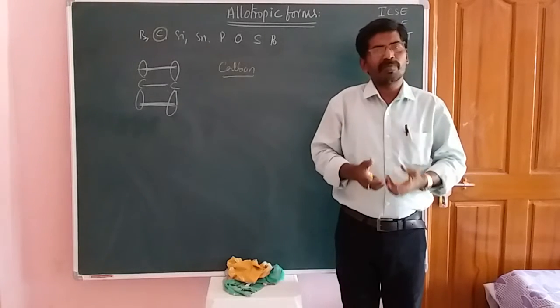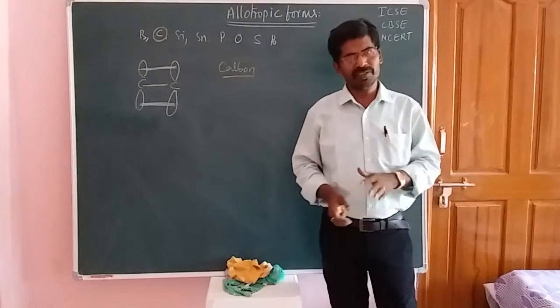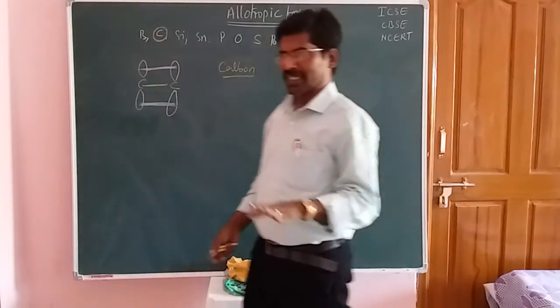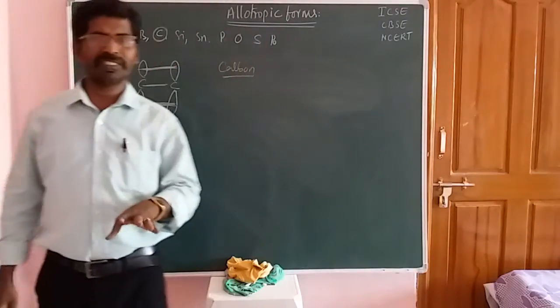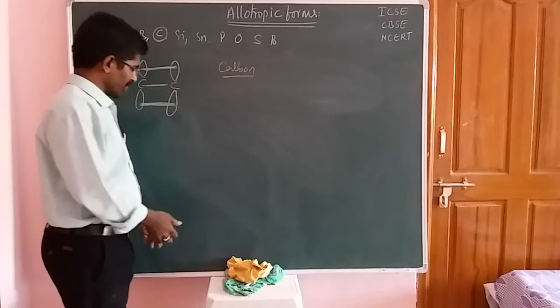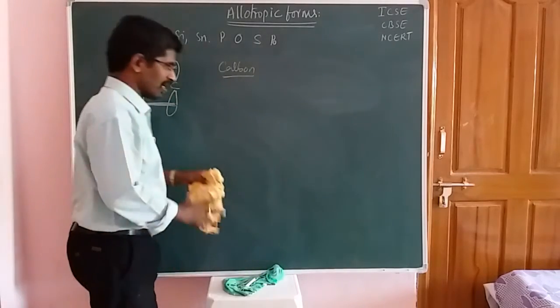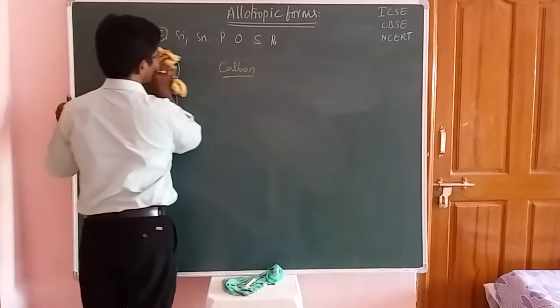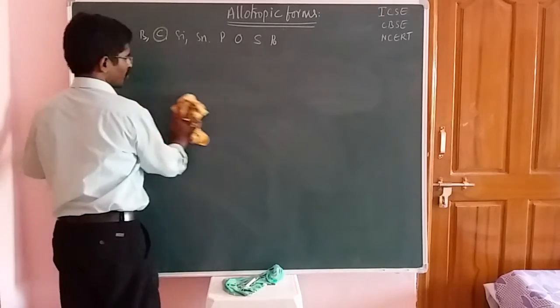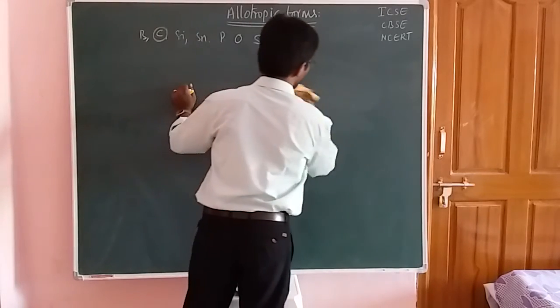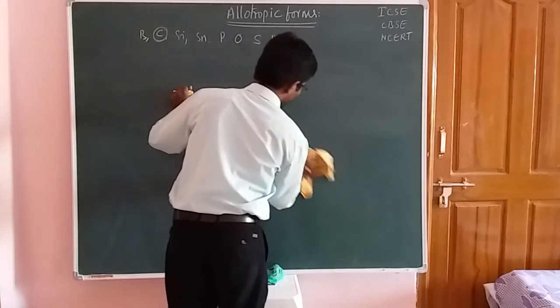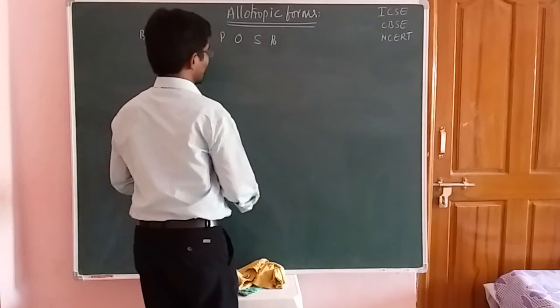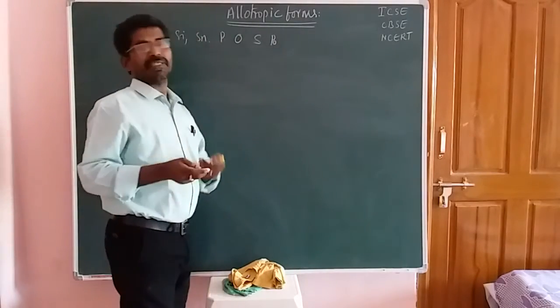Due to catenation and pi bond formation, carbon exhibits two types of allotropic forms: one is the crystalline allotropic form and the second is the amorphous allotropic form.